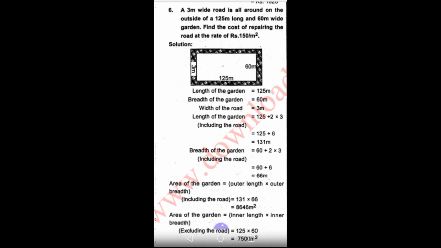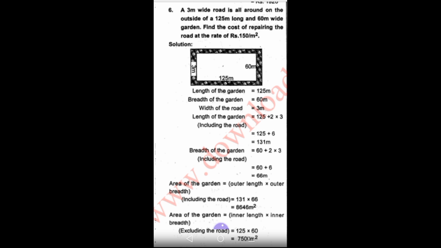Firstly find out the length of the garden including the road, that is the length of the outer rectangle. So the length of the outer rectangle equals the inner length, which is 125, plus twice the width of the road, that is 2 multiplied by 3 equals 6. When we add 6 to 125, we get 131 meter, which is the length of the garden including the road, or the outer rectangular length.